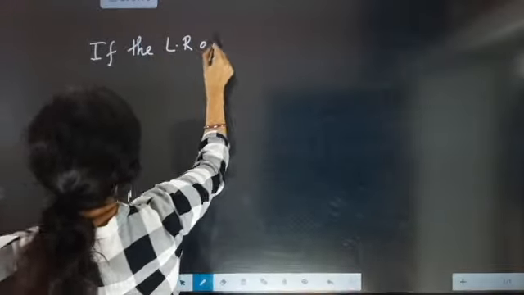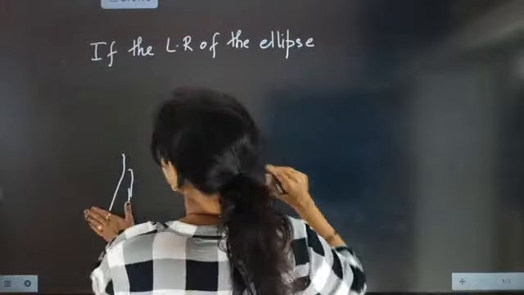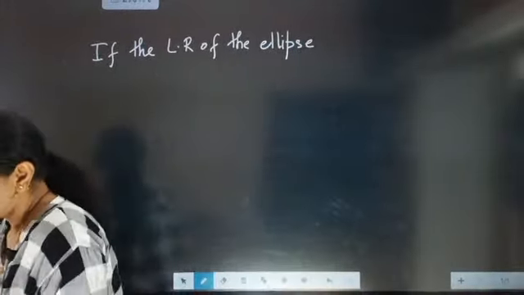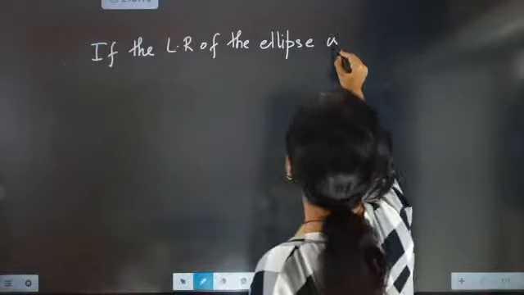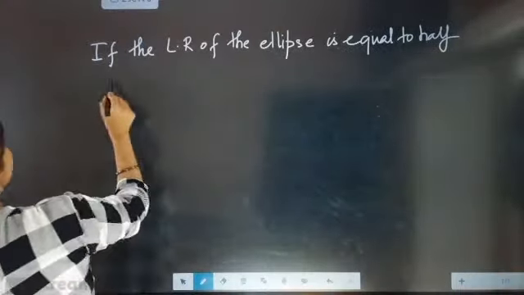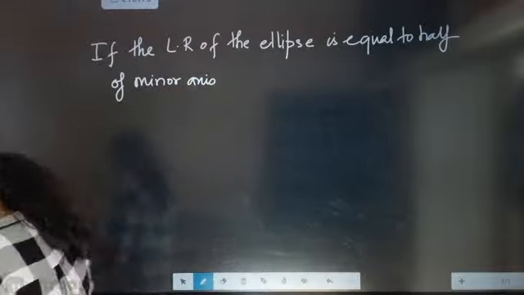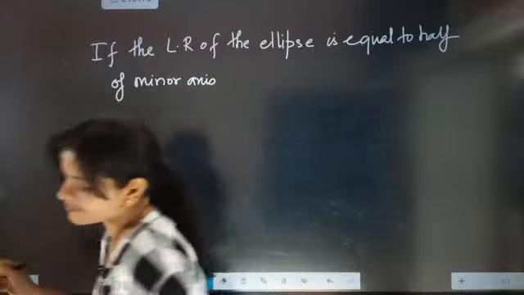Now I am going to discuss another important question today. The question is: if the latus rectum of the ellipse is equal to half of the minor axis, find its eccentricity.